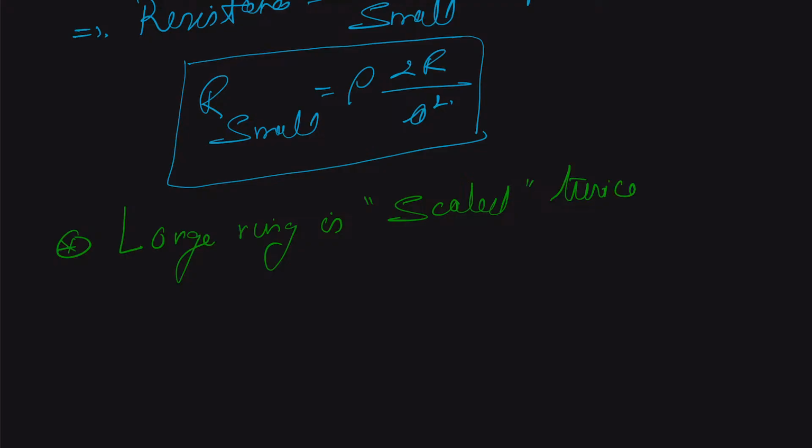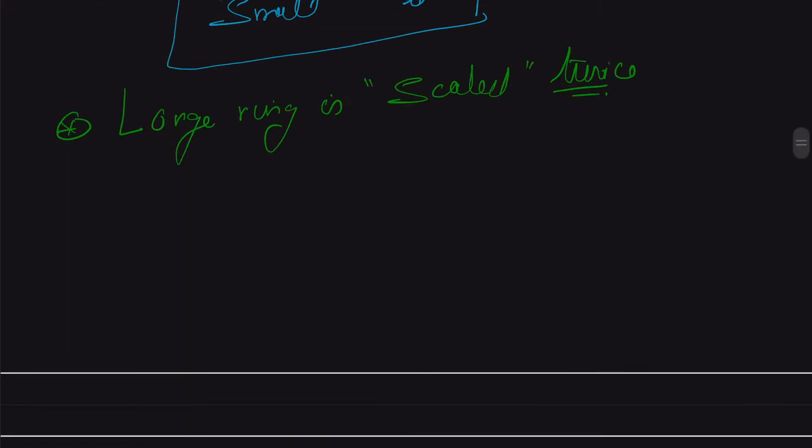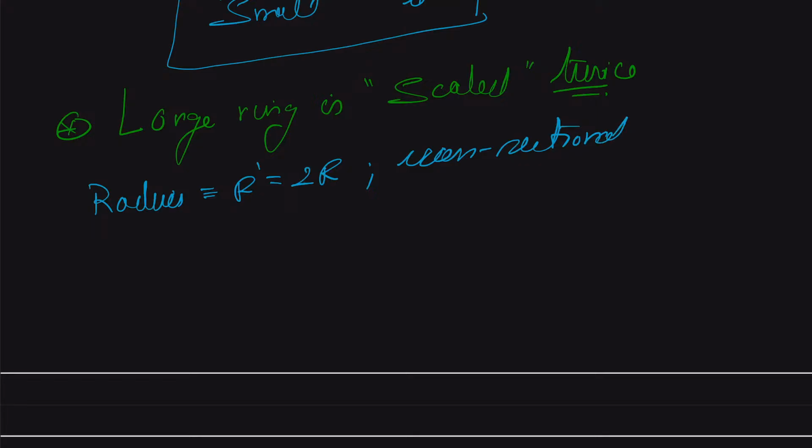Therefore, we can write that its radius, which is r prime, will be equal to twice r, and the cross-sectional radius, which is a prime, is equal to twice a.